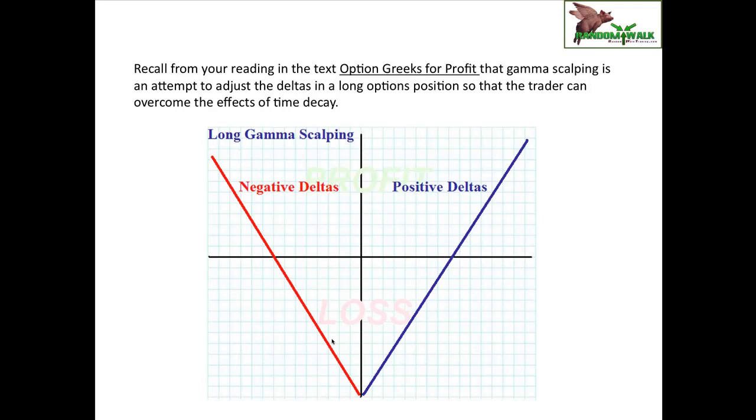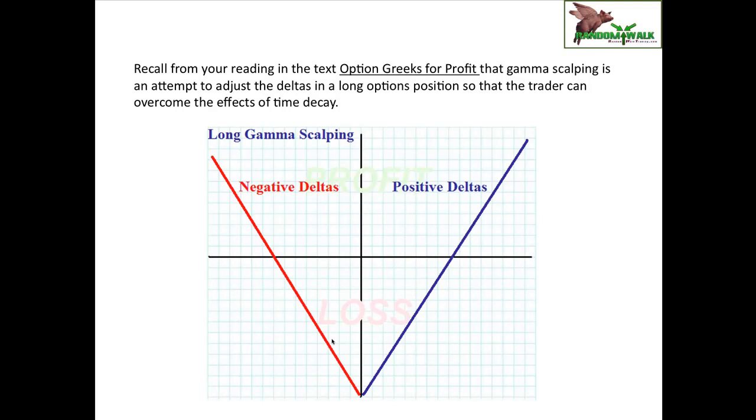The gamma, for those of you that are more math-oriented, is the second derivative. It's the change in the delta over the change in the stock. So as the stock moves, your position delta is probably going to change if you have options. So the gamma helps measure that.